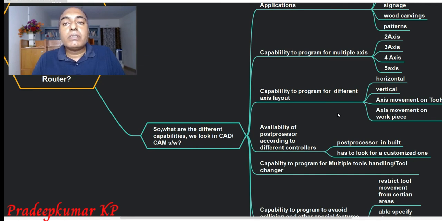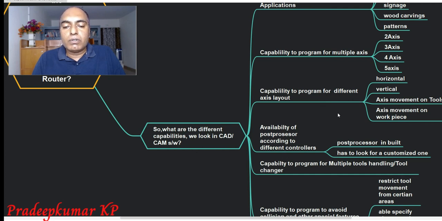But if you have special features, then we have to look into that. Sometimes a built-in post processor may not be available, and then you have to approach the software vendor to get a post processor made that suits your CNC router machine features.